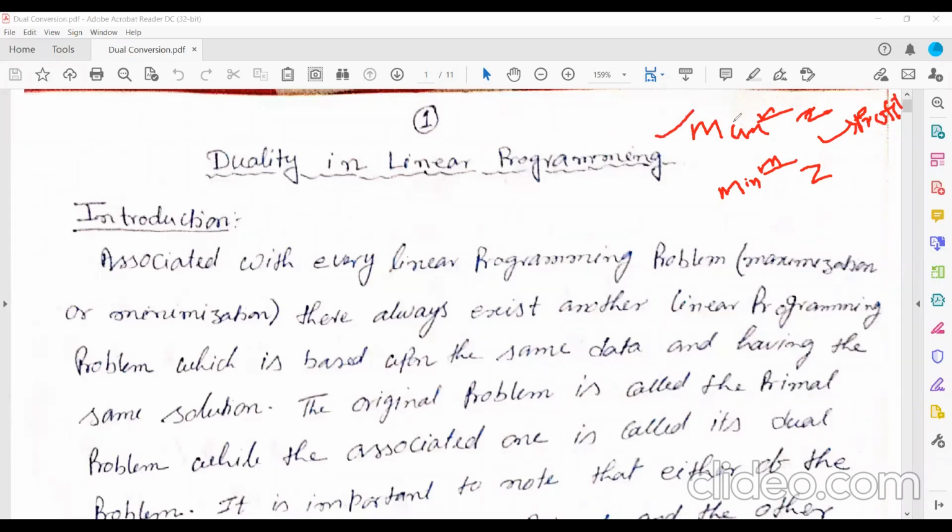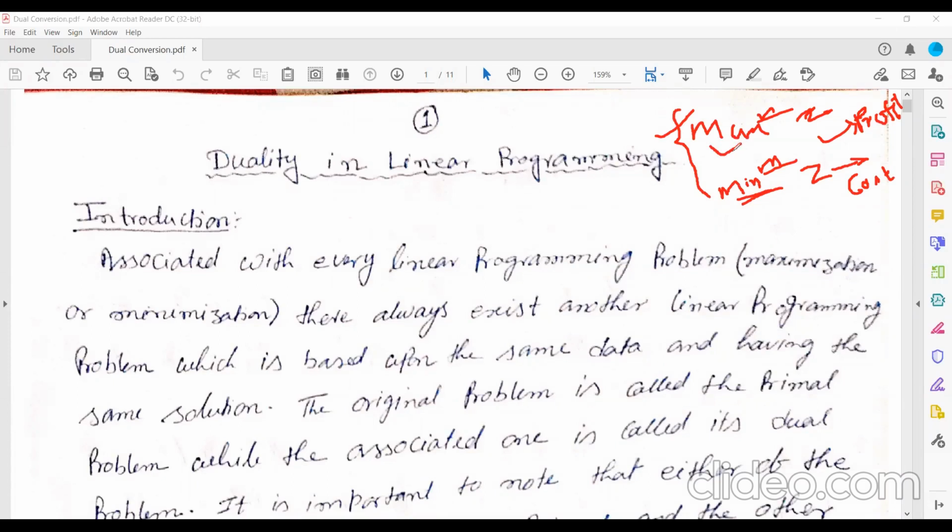And to that linear programming problem, there also exists another linear programming problem, that is to minimize the cost of production.